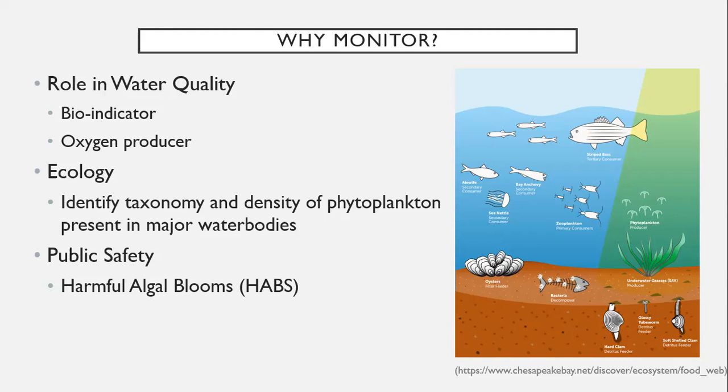Speaking of which, phytoplankton are oxygen producers. They are primary producers in the base of the aquatic food web. So they're an important part of population dynamics in the water. And so they also support dissolved oxygen levels.